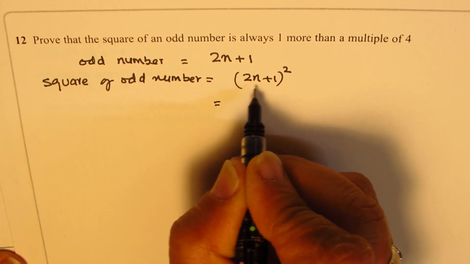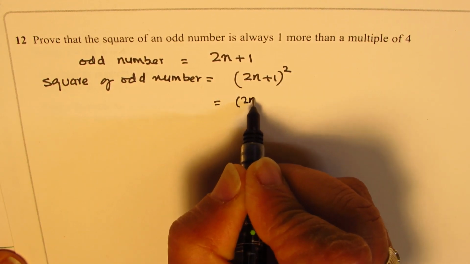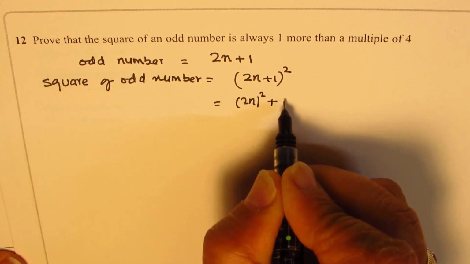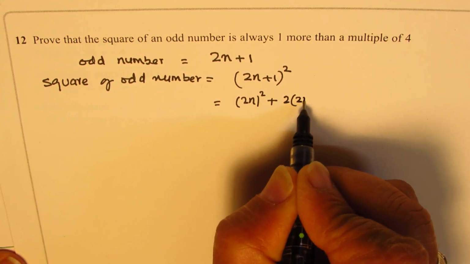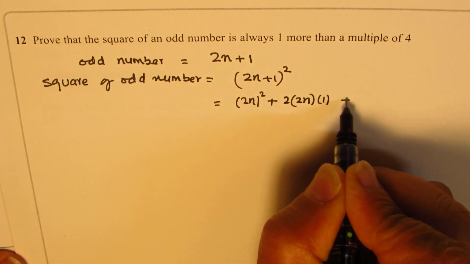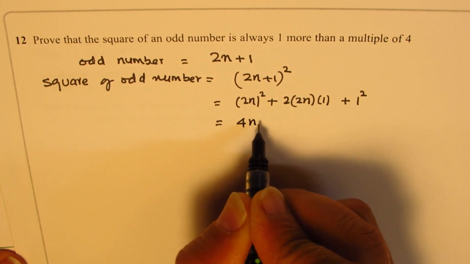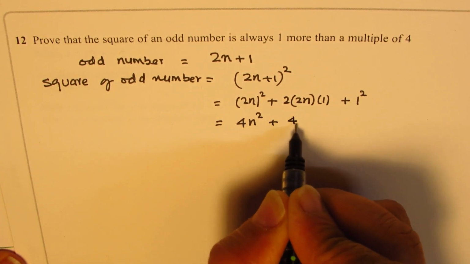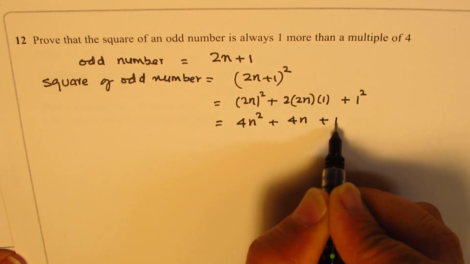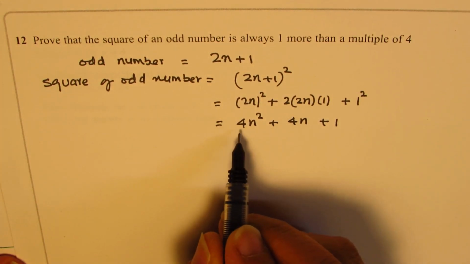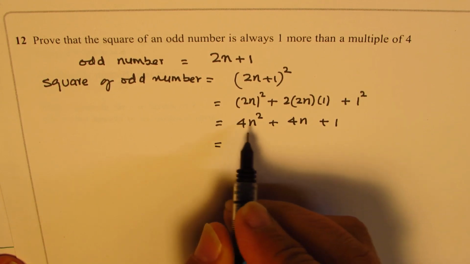You could write this as (2n) square plus 2 times 2n times 1 plus 1 square, which is 4n square plus 4n plus 1. Now 4n can be taken common, right?